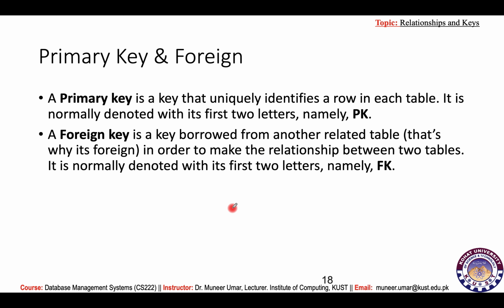Then we have primary key and foreign key. A primary key is a key that uniquely identifies a row in each table. It is normally denoted with its first two letters, namely PK. Primary key is a minimal super key.